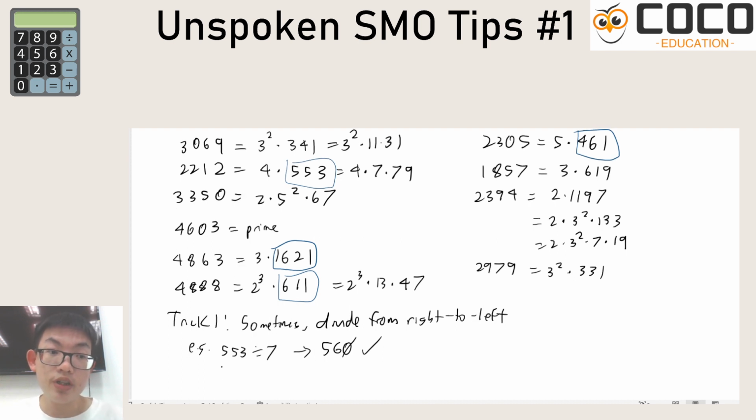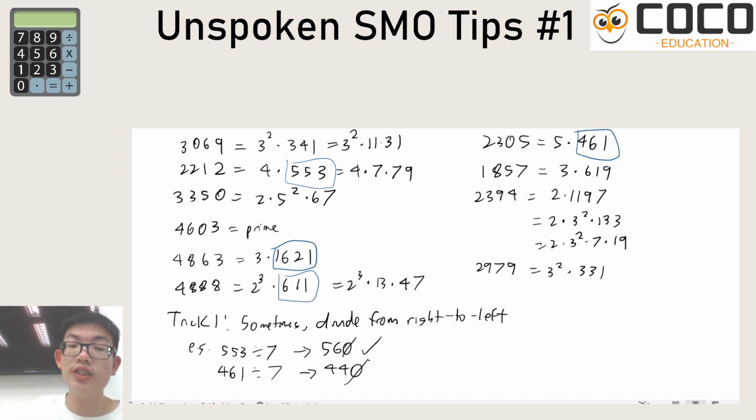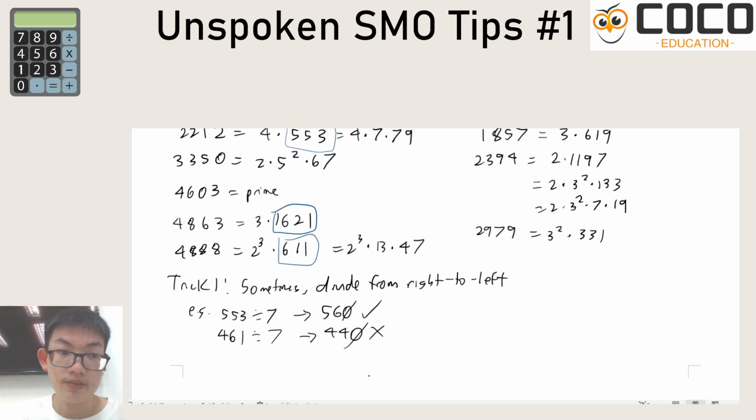If let's say I have got a negative example, like when I want to divide 461 by 7, I can also test it by subtracting 21. That doesn't change whether it's divisible, but then after that I can cancel off the 0 and say that 44 is obviously not a multiple of 7.